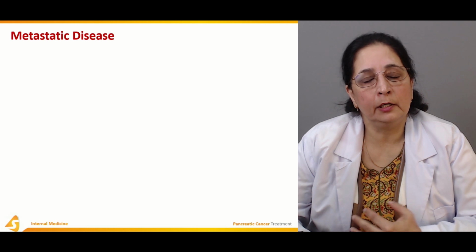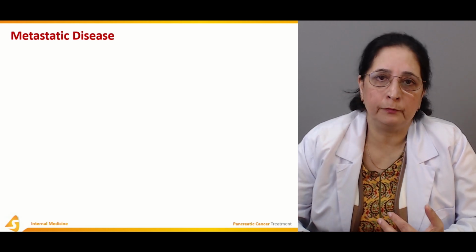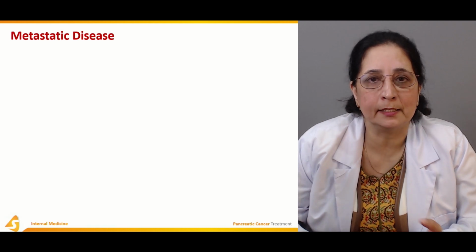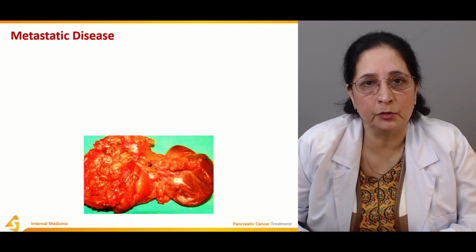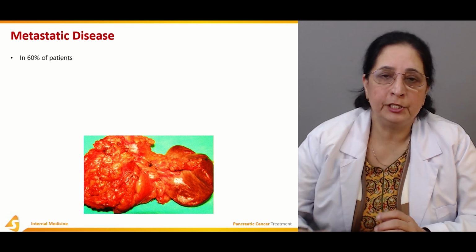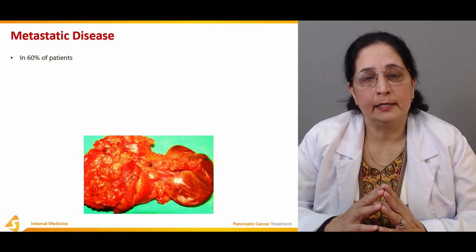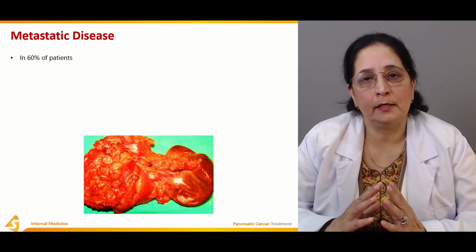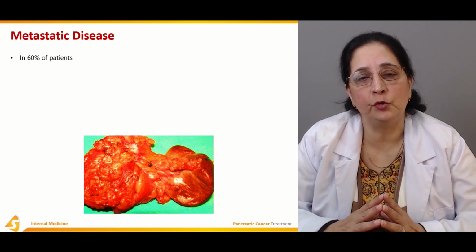Then the third condition in which the treatment option would be different is the metastatic disease. If the cancer has already metastasized to distant sites, which is the case in 60% of the patients, pancreatic cancer is a rapidly progressive, rapidly metastasizing tumor.